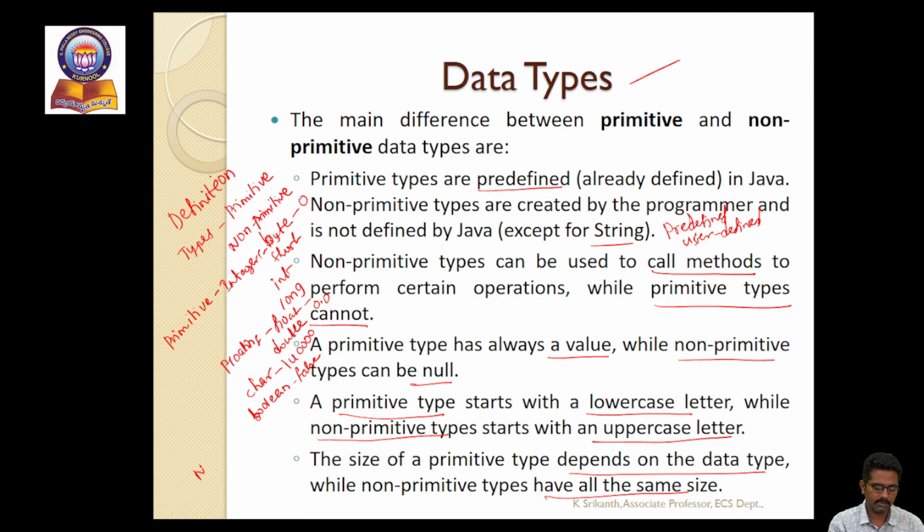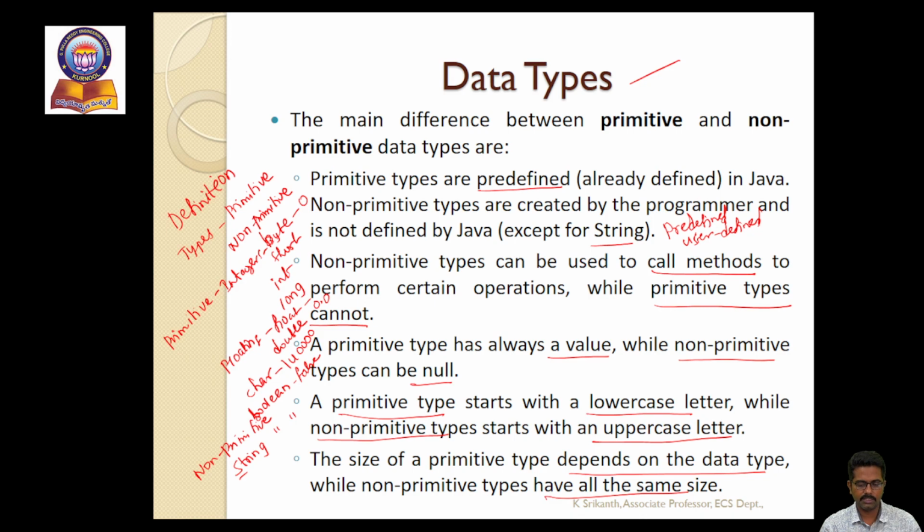Then we took an introduction to non-primitive data types. They are also known as reference data types, which store the address of an object, a class, or an array. We took an example of a class called string, where the string value is represented in double quotes.